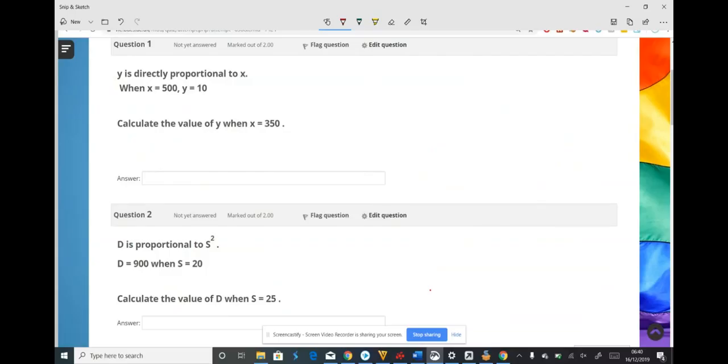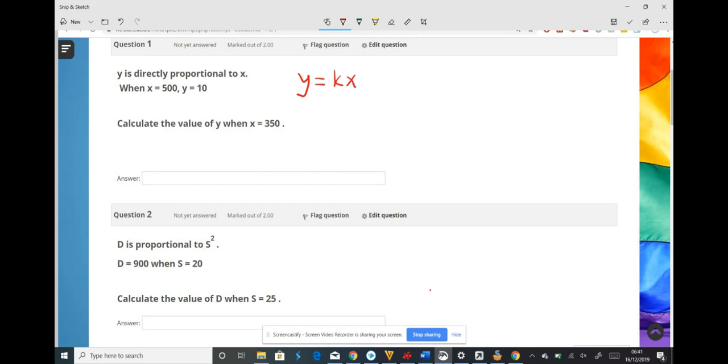Question number 1. Y is directly proportional to x. When x is equal to 500, y is equal to 10. Calculate the value of y when x is equal to 350. So we know that y is directly proportional to x. So we're going to write the formula for it.